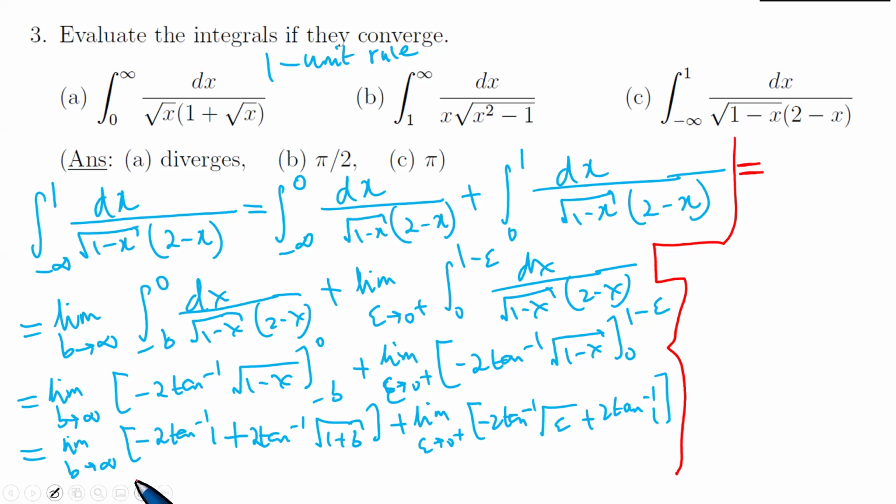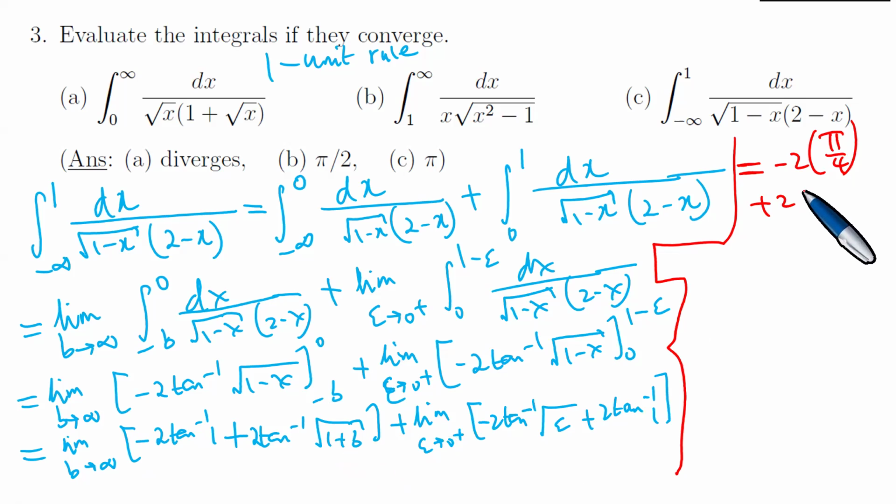Okay, if you put infinity here, what is arctan of 1? Arctan of 1 is 45 degrees using a calculator, pi over 4 radians. And if you come here now, you put infinity here, it's going to be arctan of infinity, because if you put infinity in the place of b, it's going to be infinity plus 1, infinity.